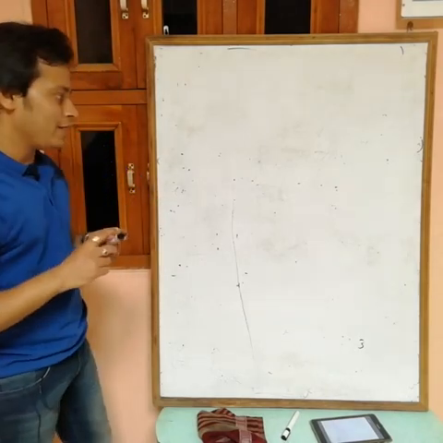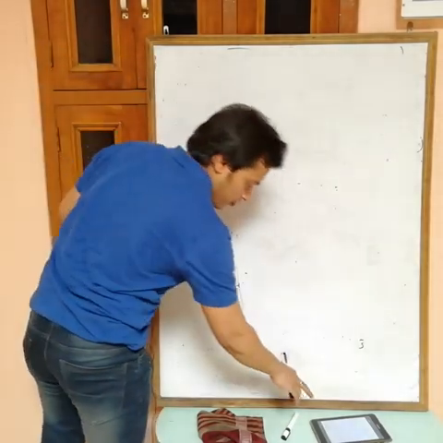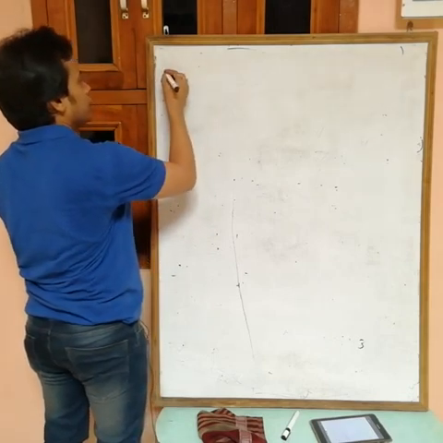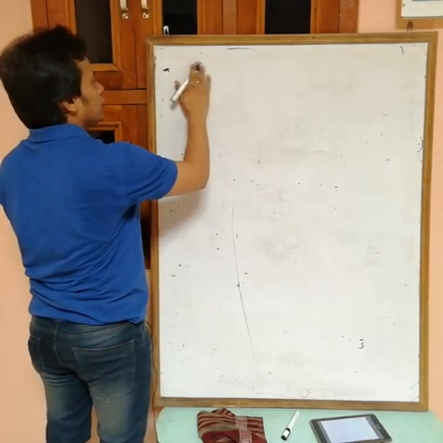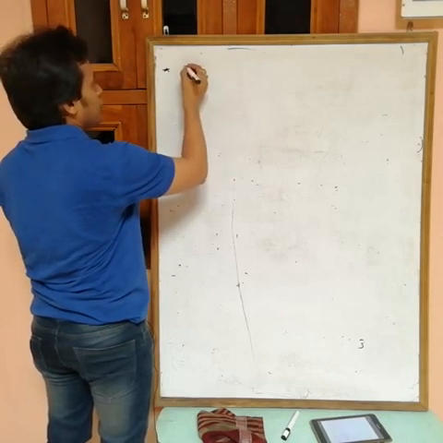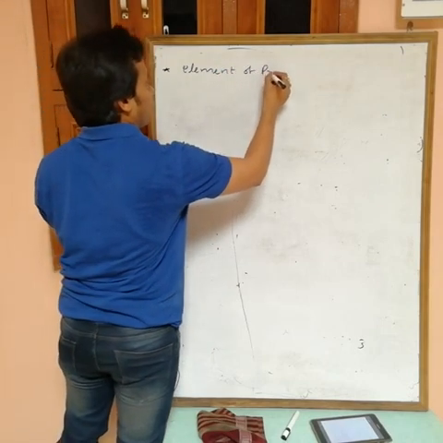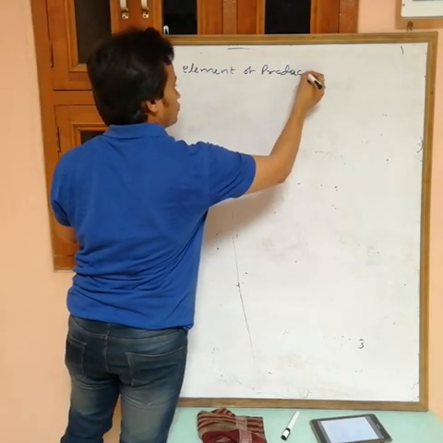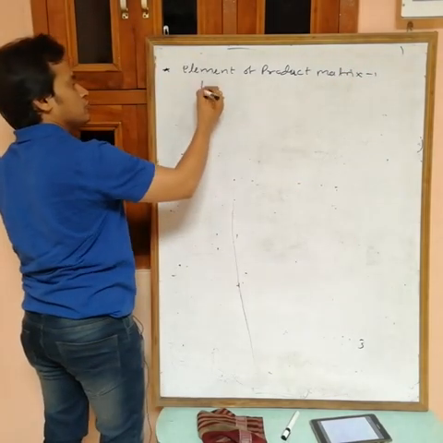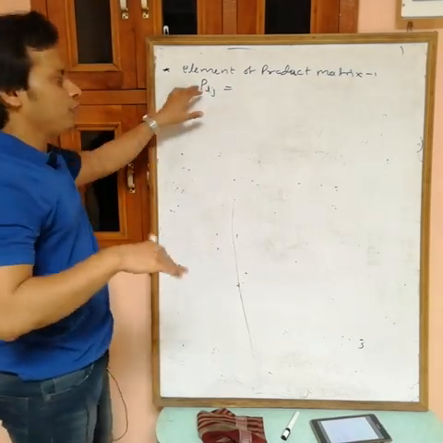And the elements of the product matrix. Suppose any element of the product matrix is Pij, P for product matrix.